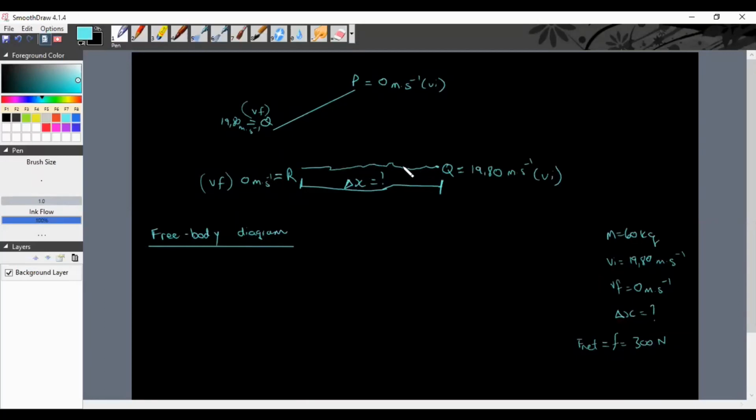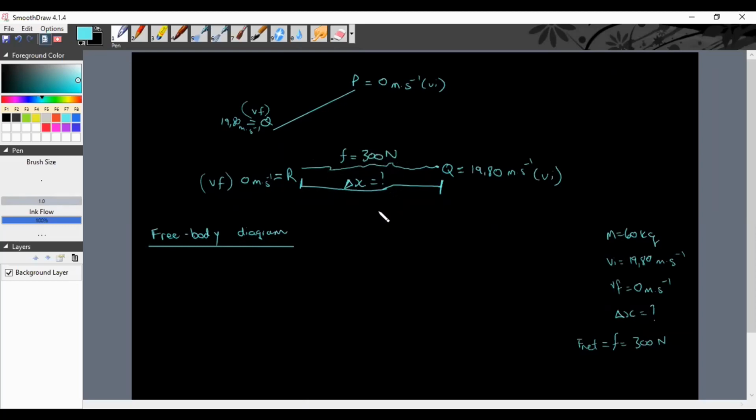Just to remind you of the scenario, the question says that at point Q at the bottom of the slope, he hits a rough horizontal surface and experiences an opposing frictional force of 300 newtons. So that means the frictional force over this surface, across this unknown distance, is 300 newtons.